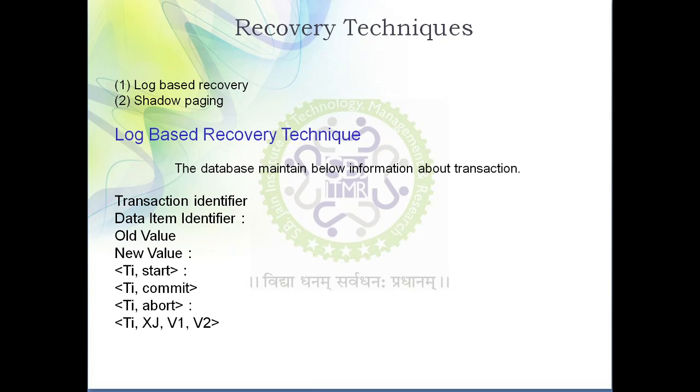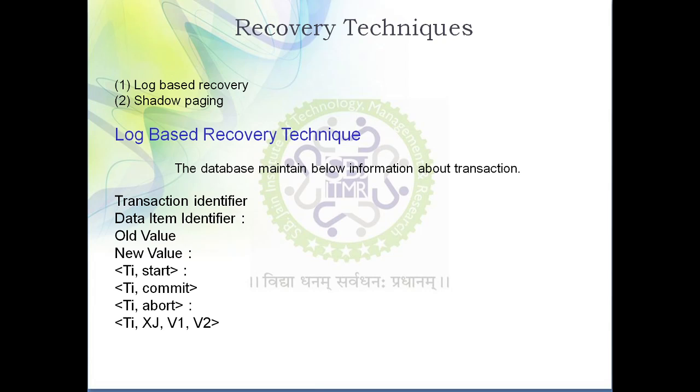Very first it maintains the transaction ID. Then the data item ID that is being used by a particular transaction, its old value, and the new value of that data item which is changed by that transaction. Then Ti comma start represents that transaction Ti has started its execution. Ti comma commit represents that transaction Ti has committed successfully.